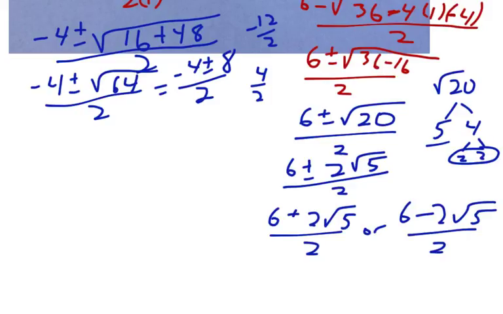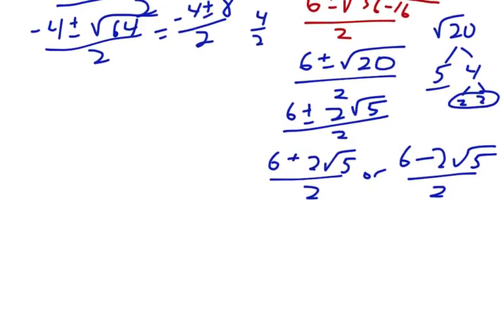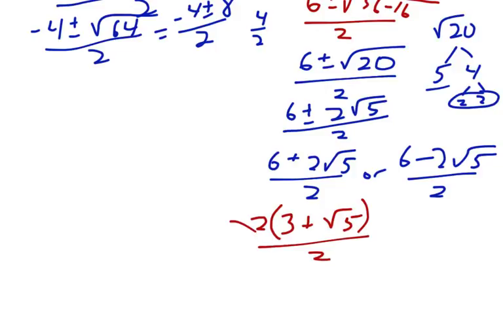Now, do you see something that both of those numbers have in common? I'm seeing the 6 and the 2 and the 2, that I can factor out a 2 from those. So 2 will go into 6 3 times, 2 will go into 2 1 time, so that's just square root of 5. And then those 2's are going to cancel. Same thing here. They all have a 2 in common.